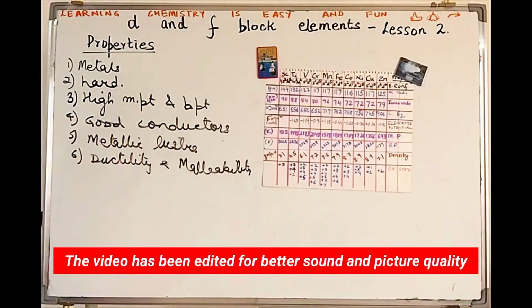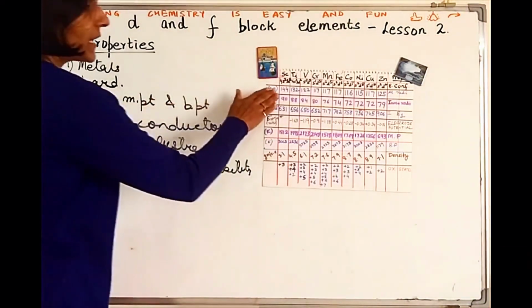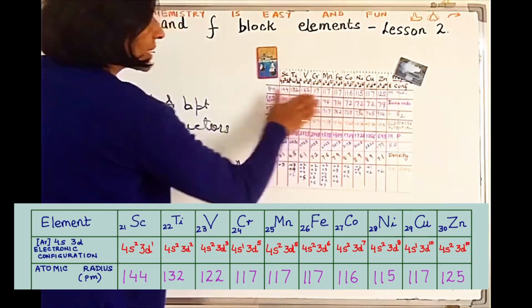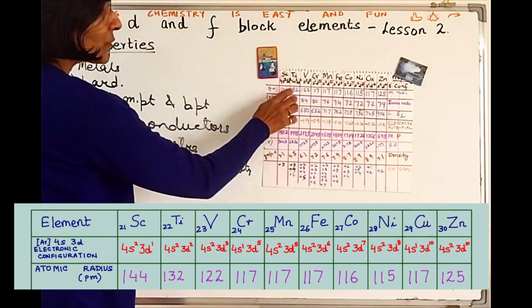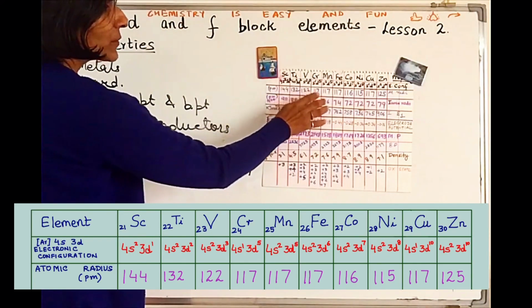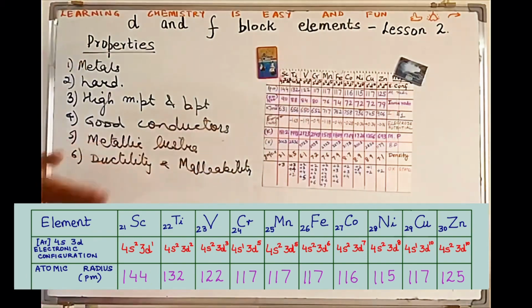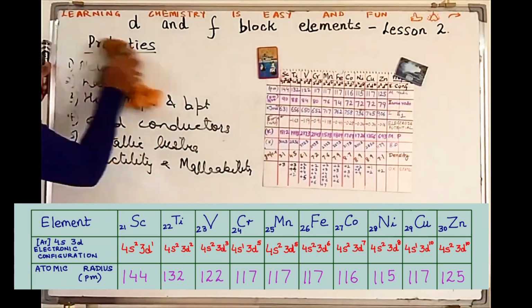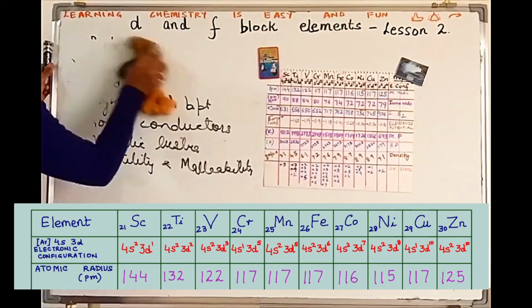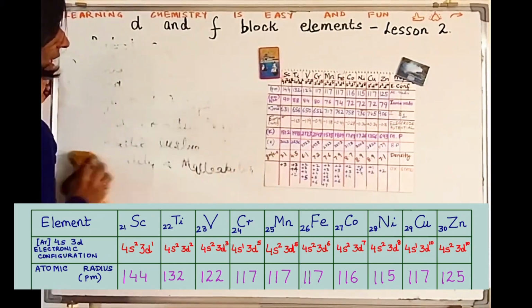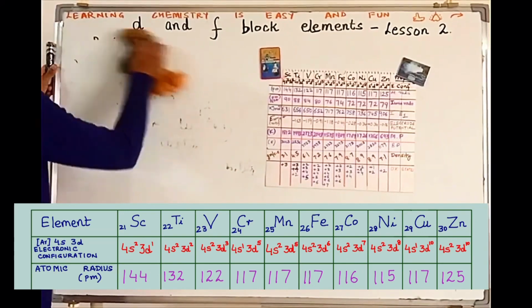Sorry for that. If you see the atomic radii, 144, 132, 122, 117, what is happening to the atomic radii? Yes, it is decreasing.